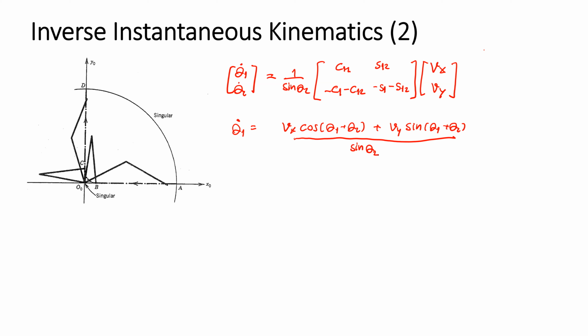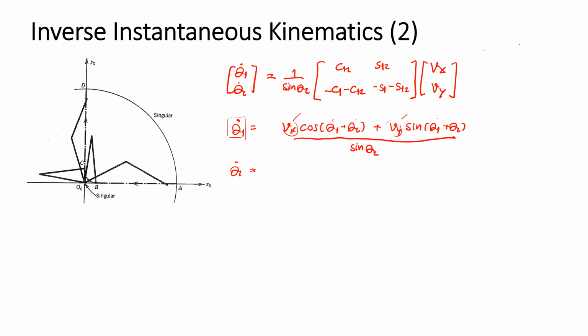You can see that if we want to have Vx and Vy at the endpoint, and theta 1 and theta 2 are at this position, we need to drive the speed for the joint so that it corresponds to the requirement for theta 2 dot.